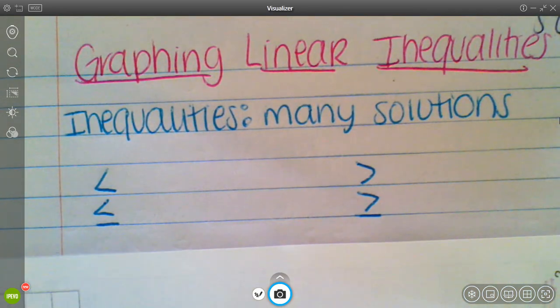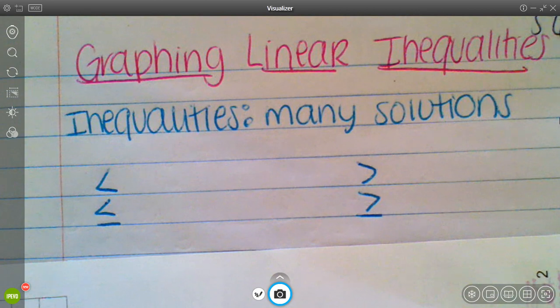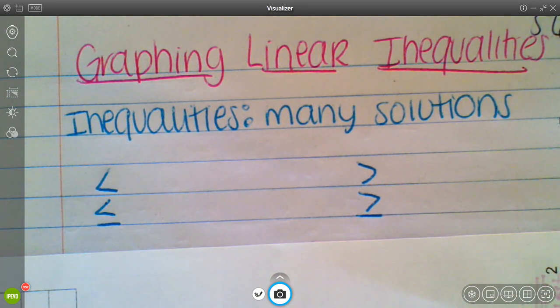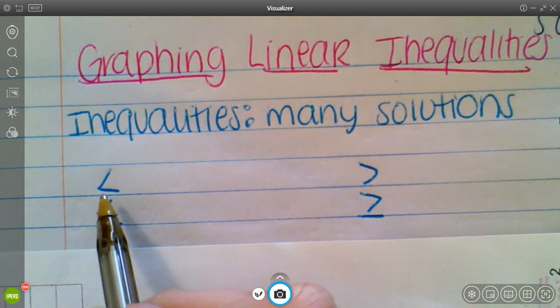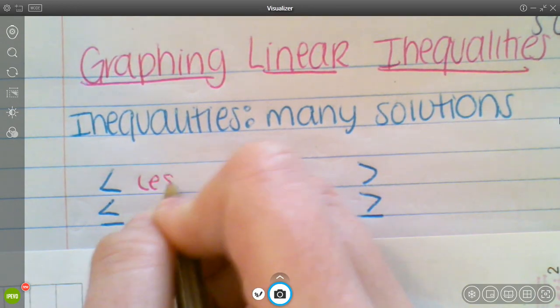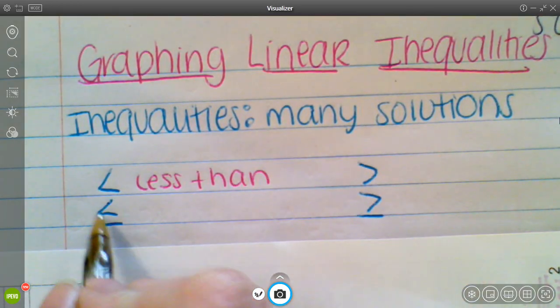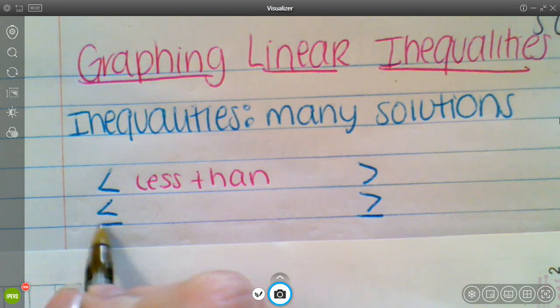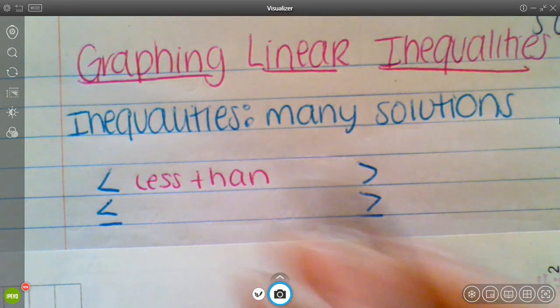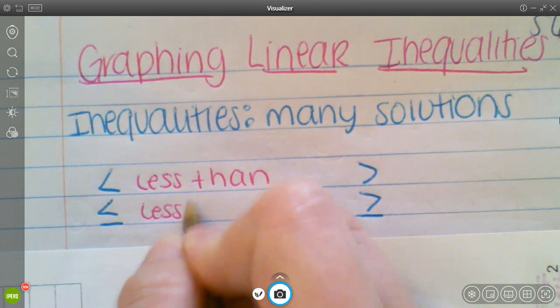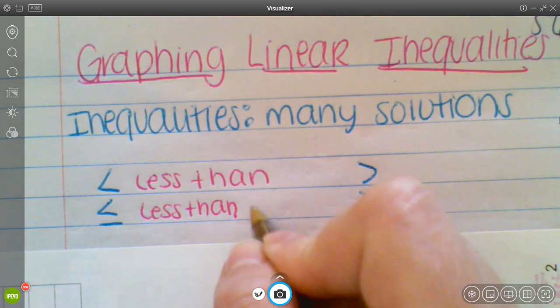And I wanted to take a little bit of time to just recall what these signs represent. So this sign right here is an inequality sign that represents less than. This is still less than, but then they're adding an extra part, the underline. The underline, you should remember, means less than or equal to.